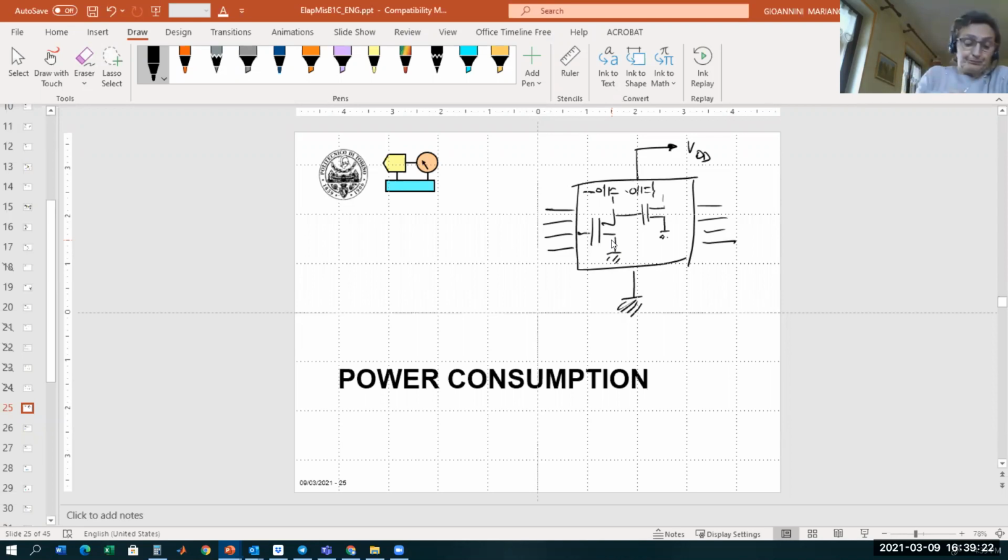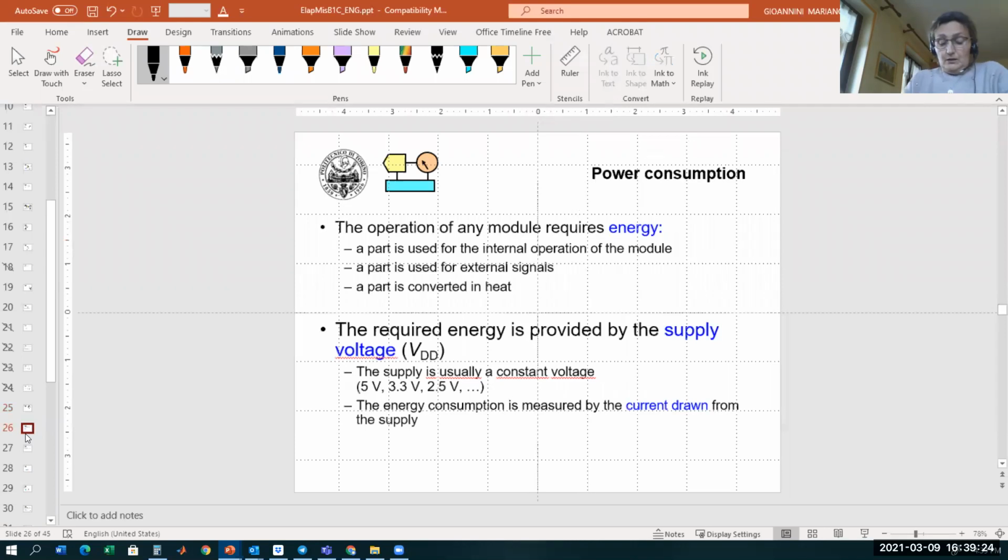Okay. We will learn that, of course, the power consumption will depend also on the voltage that we supply. You can understand that, of course, if you work at higher supply voltages, you will consume more power. Why? How do we calculate this power we are consuming?